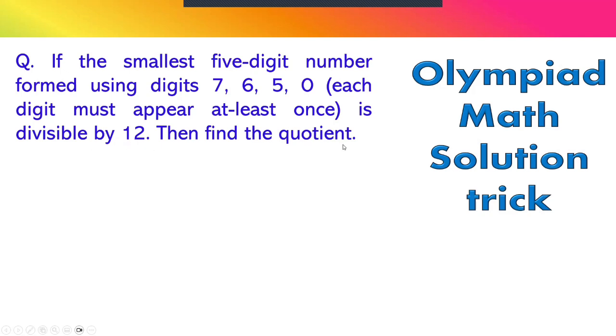Then find the quotient of that division. So we are given 4 digits, but you have to make a 5-digit number, the smallest 5-digit number which is divisible by 12. Let's see how we can solve this problem.